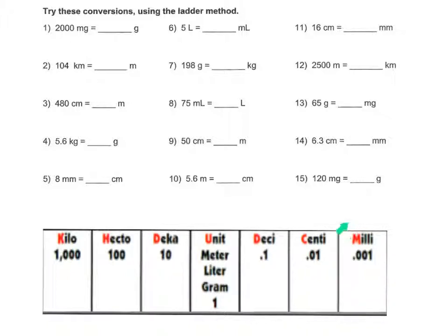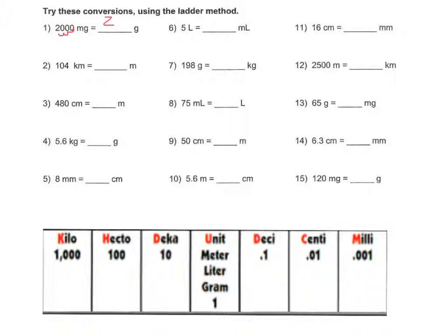So we are going to move 1, 2, 3 times to find gram. Now we're going to take that decimal right there and move it 1, 2, 3 times, and so we would have our answer as 2 grams.